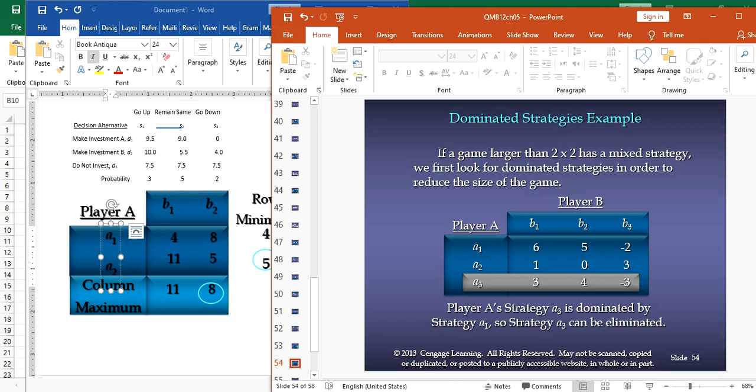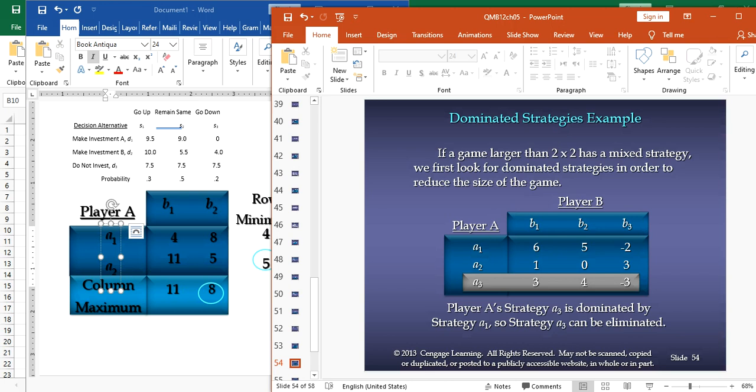Let's say we have 3 strategies for A. One of these strategies is dominated by another one, therefore you can remove it.